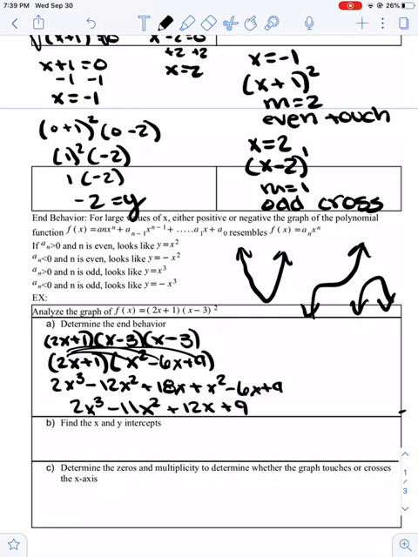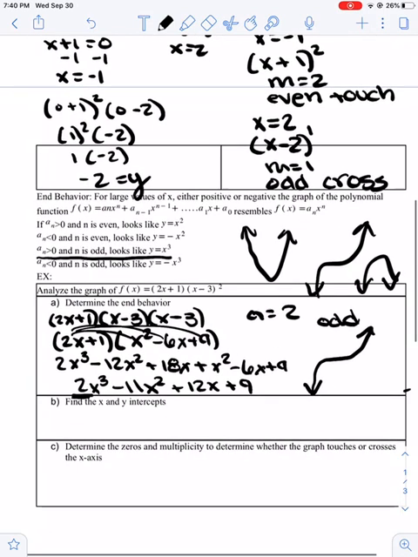Alright, next we are going to determine the a value. So the a value is from that highest degree, so 2. So a equals 2. And we can see that that is bigger than 0. So we have an odd end behavior, which means it's going to look like the cubic function, with one end down and one end up.